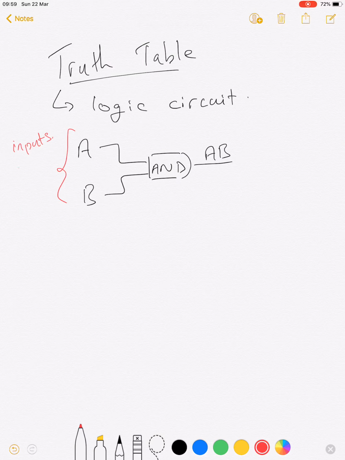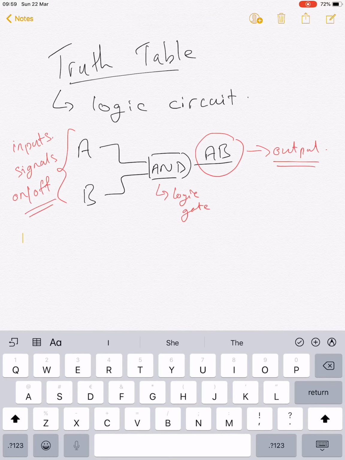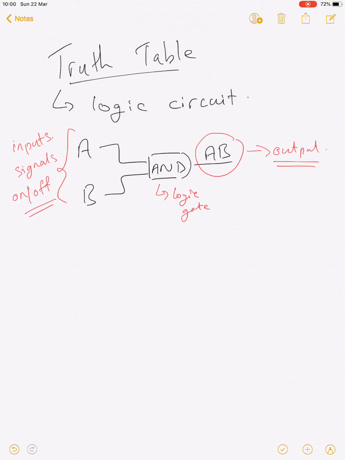These are signals which can be either on or off. These signals are simply going into this particular logic gate, which is the AND gate, and this represents the output of the gate. And we can build up complex circuits from this idea.